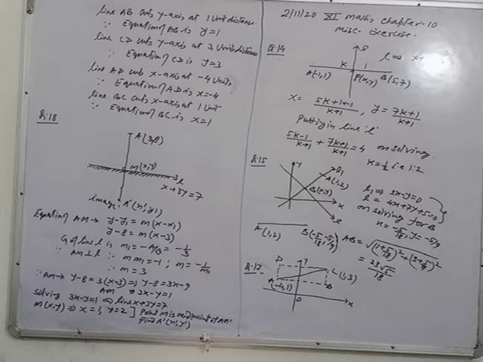So you have the coordinates of B and A, then by the distance formula find the AB distance. After solving you will get the AB distance is 23 root 5 by 18. Clear?